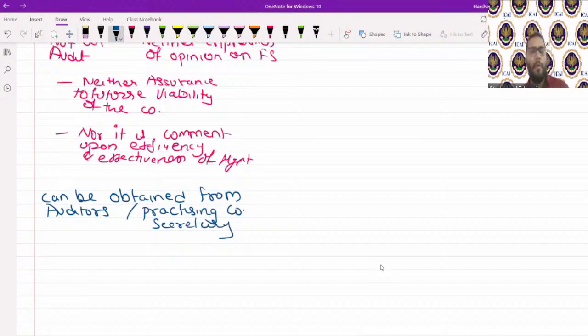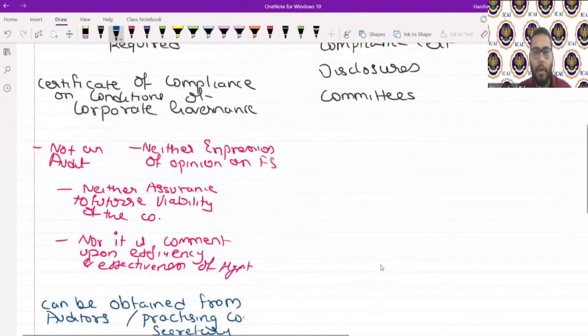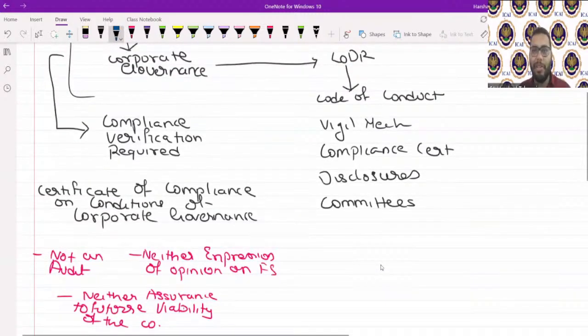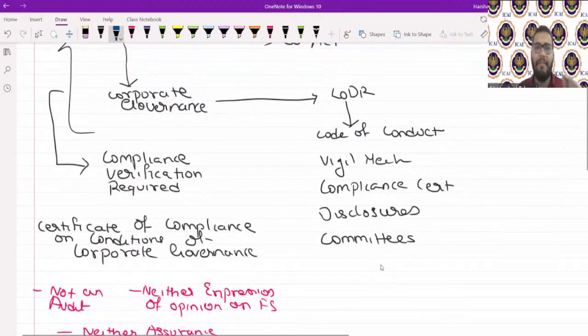Now, if it is obtained from auditors, then being an auditor, I should be aware what I am required to comment upon, what I am required to see, and what I am required to mention in the certificate. That is the thing we are going to learn now. Okay, good.